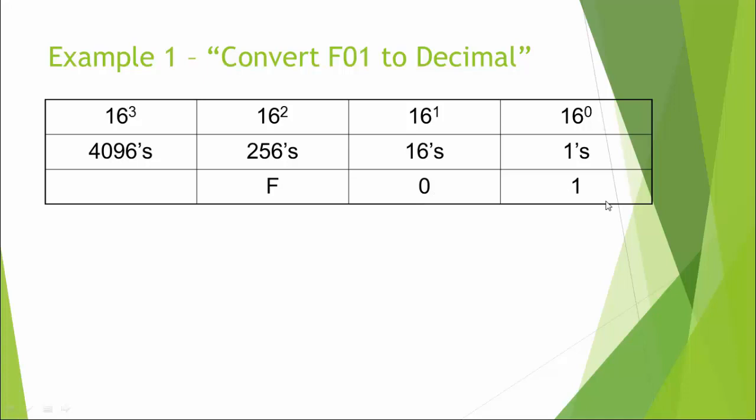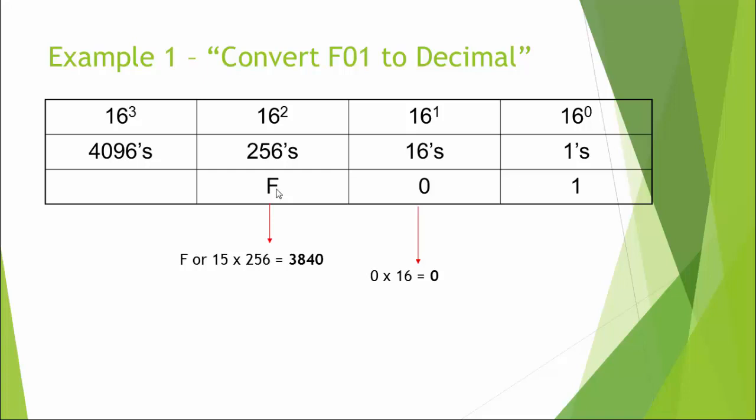Now, what we're really saying here is we have 1 one, 0 16s, and F 256s. So you have to be able to convert that F to decimal before you can use your calculator. So F is in fact 15 in decimal. So we know we have 15 256s. We get out our calculator, and that converts to 3,840.